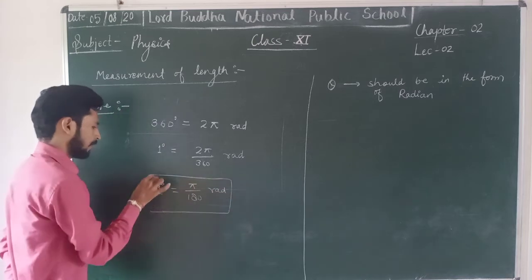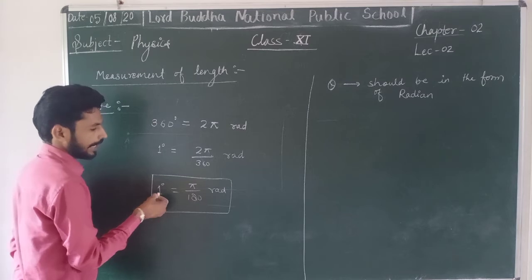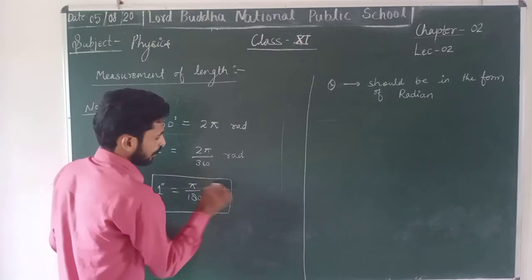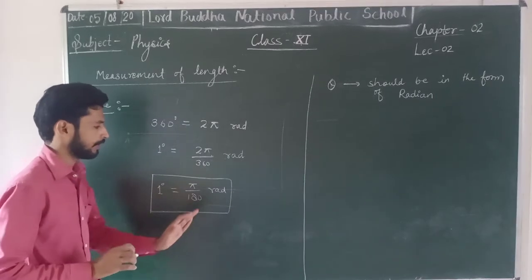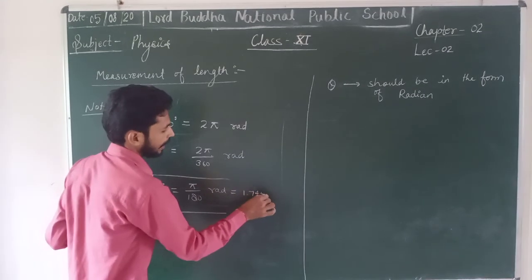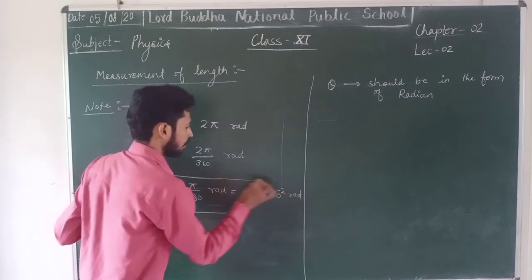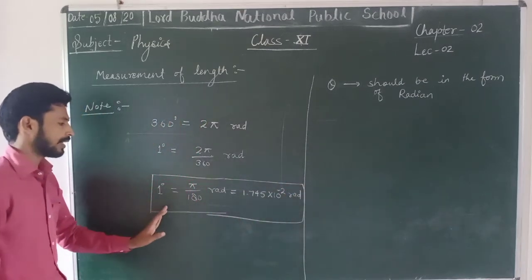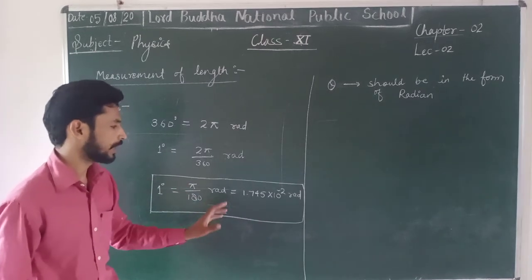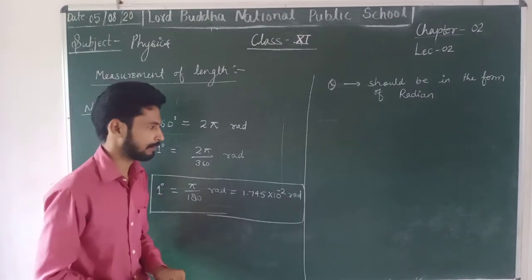This is the form to convert an angle in degrees into radians, and this value equals 1.745 into 10 to the power minus 2 radian. So 1 degree equals pi upon 180 radian, otherwise you can directly put the value 1.745 into 10 to the power minus 2 radian.